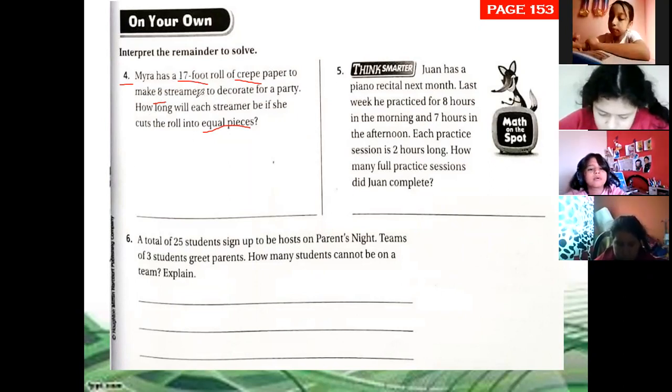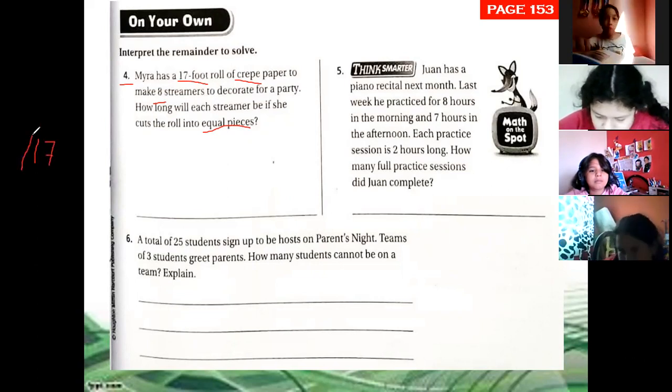So 8 streamers. The roll of paper is 17 feet long, divided by the number of streamers.